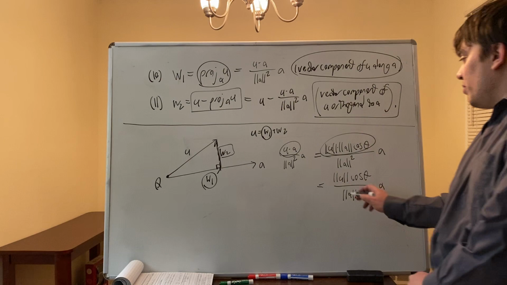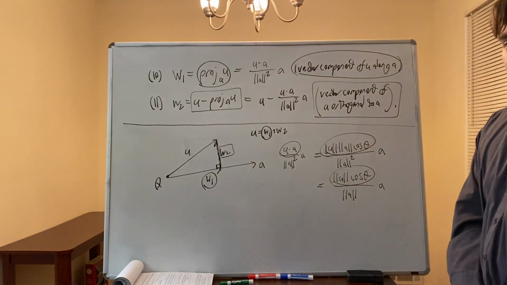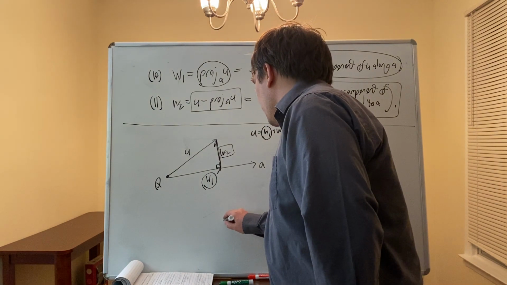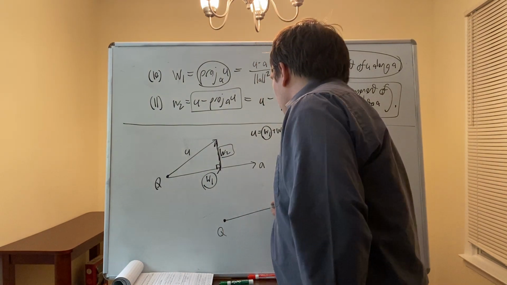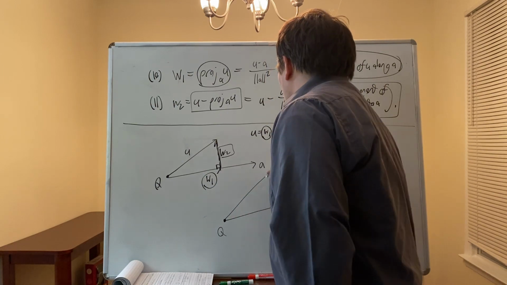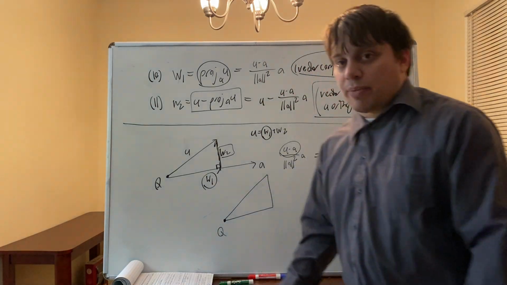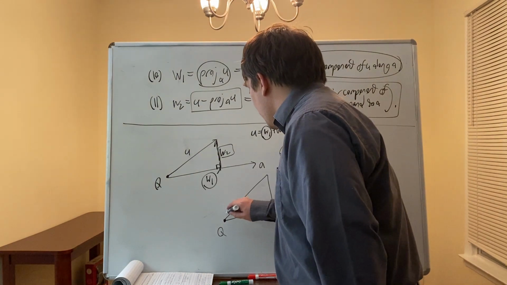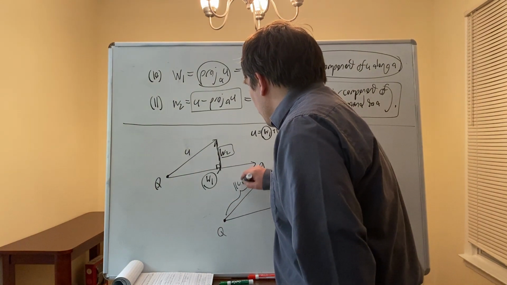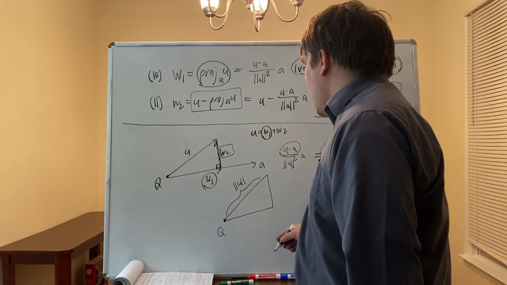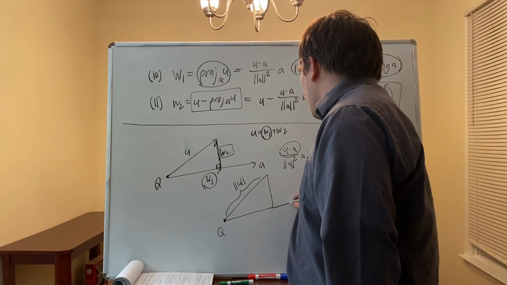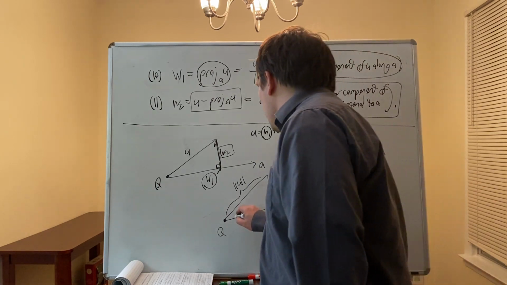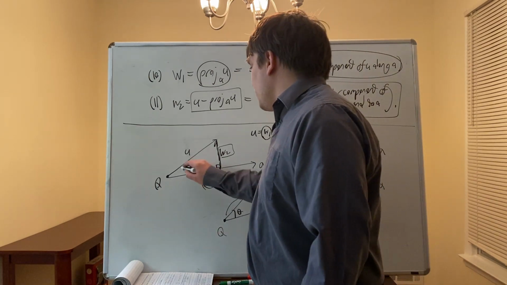Well, the norm of u cosine theta, if you look at this triangle here, this is one side of the triangle, this is the other side, and this is the other side. By trigonometry, u here is the vector u, and the length of this segment is the norm of u. Theta is the angle between u and a, since the vector a is in the same direction as this.